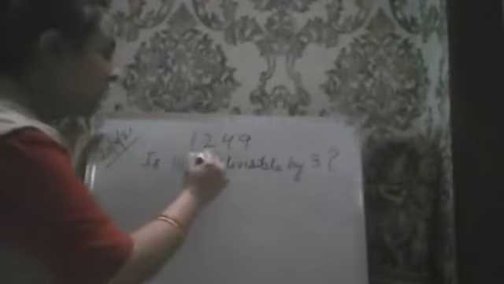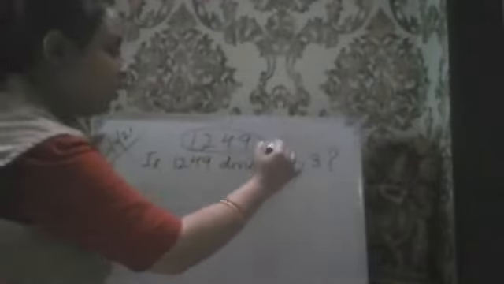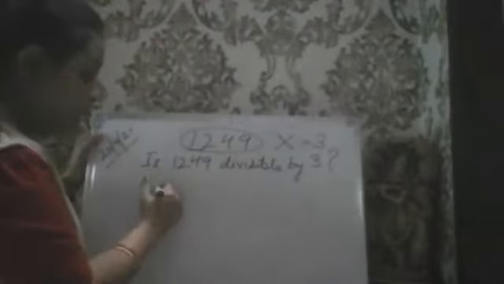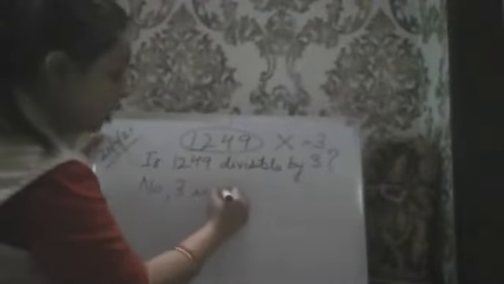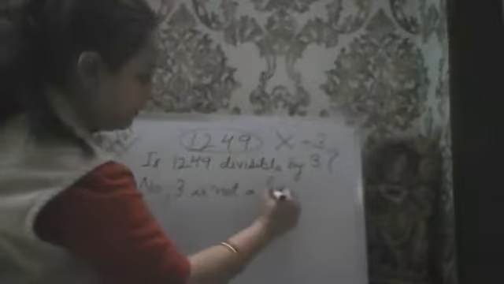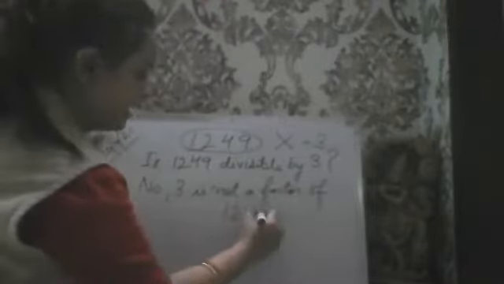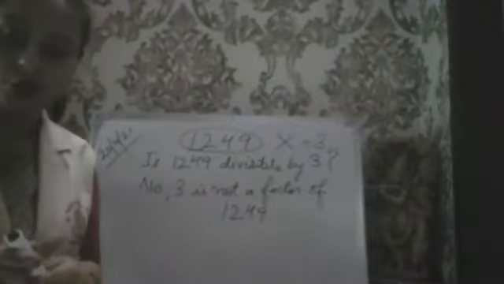So 1249 is not divisible by 3. So I will say no, 3 is not a factor of 1249. Understand? Fine. I'll give you the homework in the end.